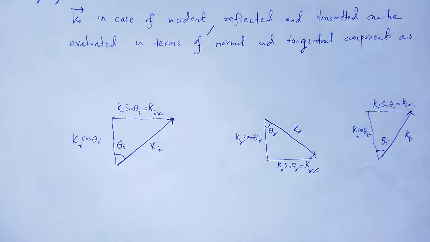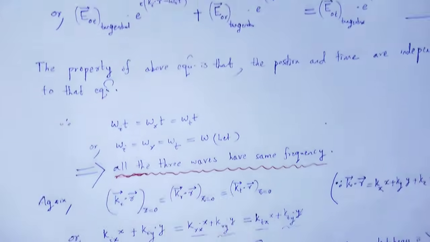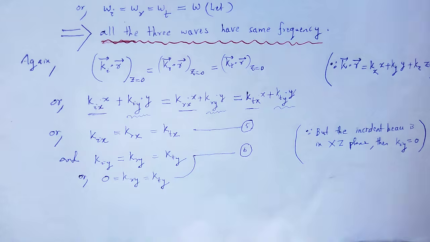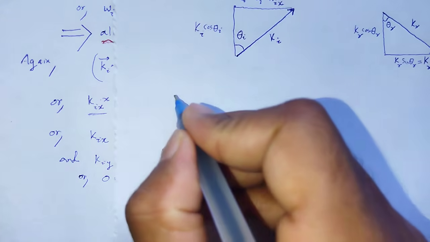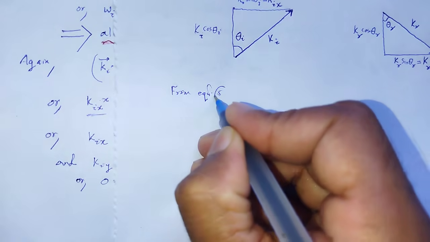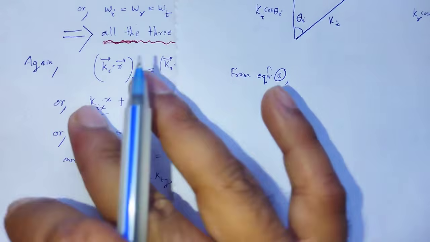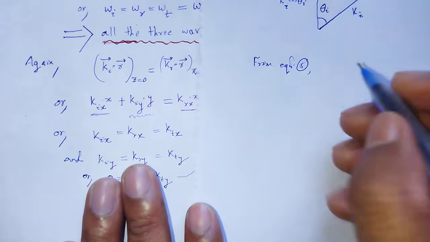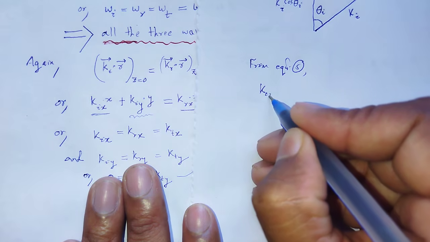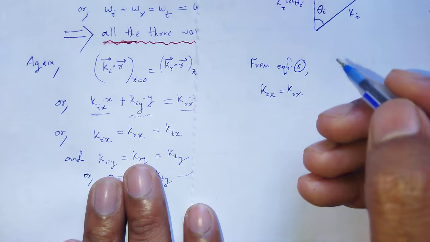Now, from equation number 5, kix is equal to krx.